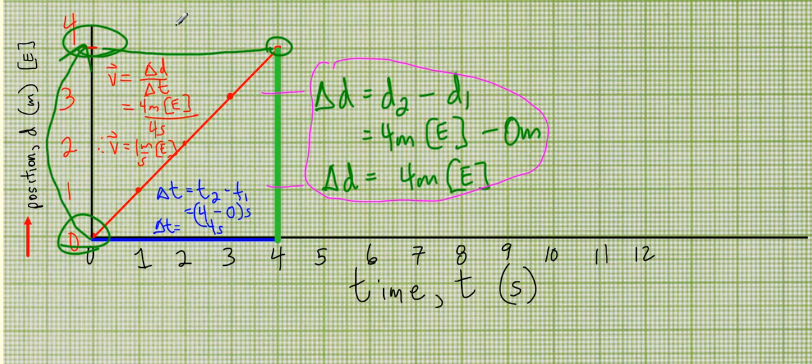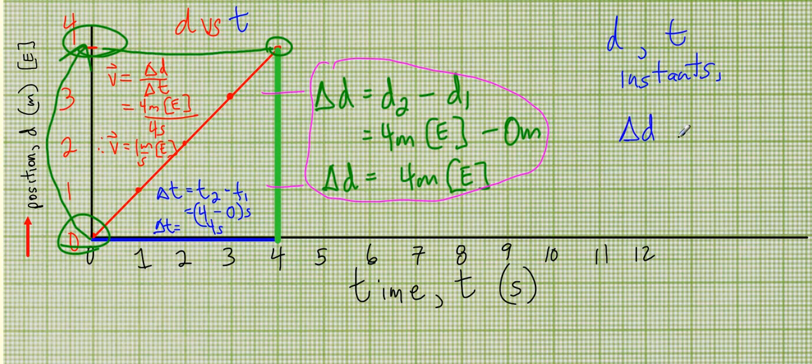The graph needs a title, and we'll title it D versus T. That is now instantaneous position versus instantaneous time. Again, when you see a D or a T, these are instants in time or space or a line.